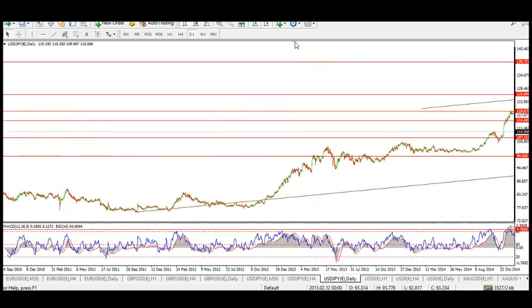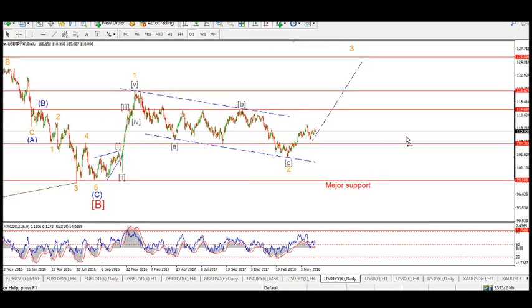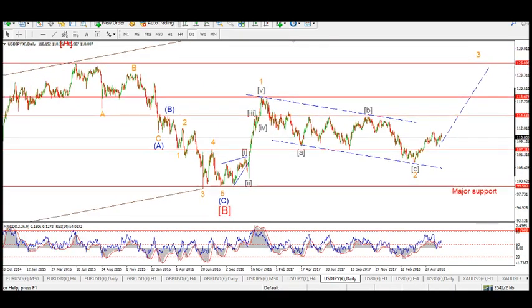Let's get to the daily chart and unfurl this enigma a little bit more. So that's the wave A high there. We've had 3 waves down in A, a contracting triangle wave B, and then a possible 5-wave wedge pattern into wave C, or a failed 5th wave there, wave C of B. Off the extreme low there in the 99s, we have had 5 waves up in wave 1.